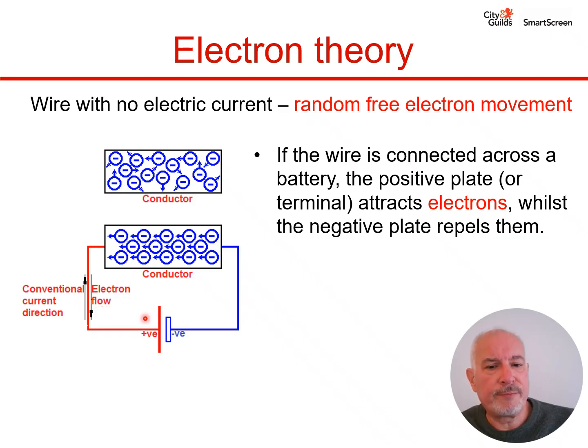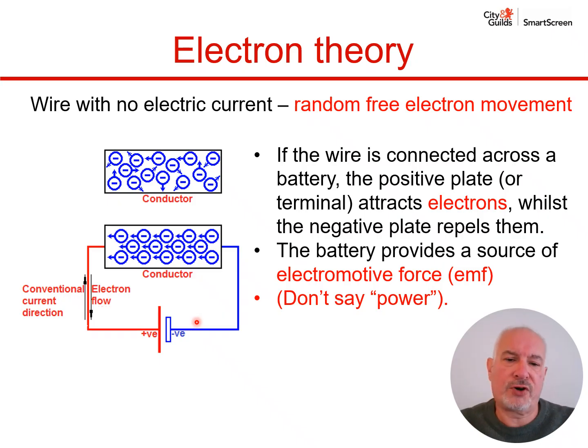But at the same time, there's a repulsion going on because the negatively charged electrons are repelled from the negative terminal of the battery. So they're repelled from the negative terminal and attracted to the positive terminal, and this is what results in the flow of the electrons around the circuit.